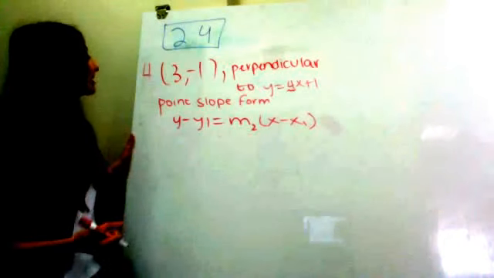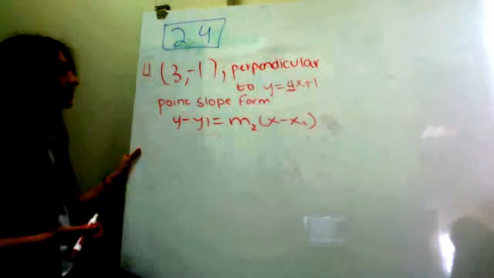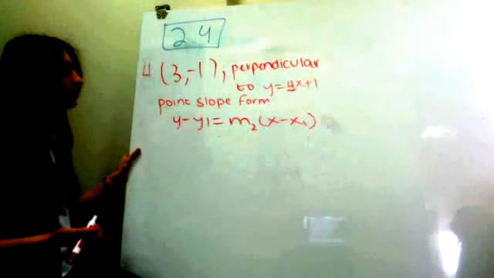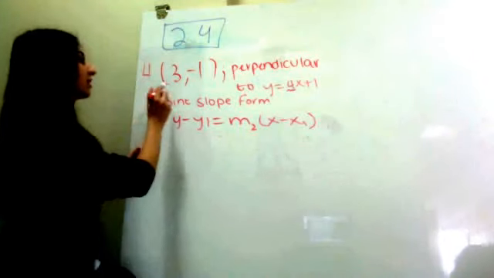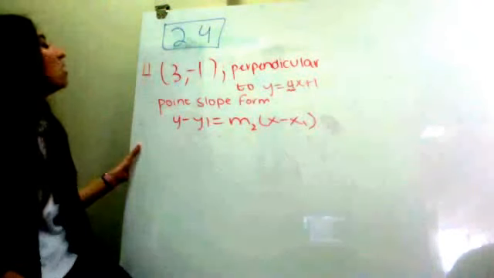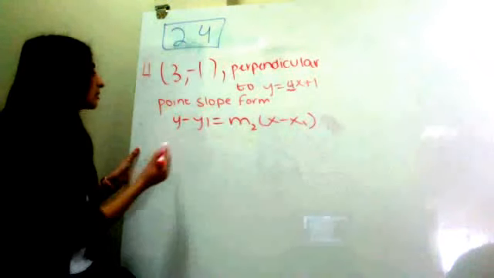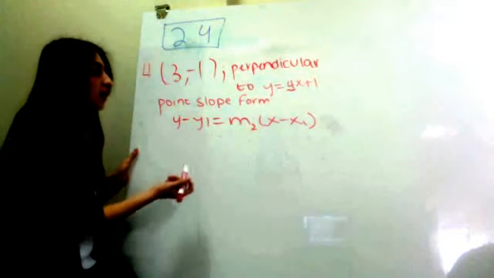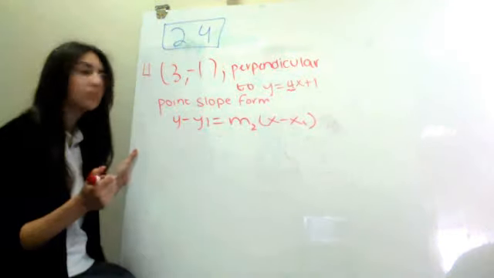Okay, example number 4. We are going to find the perpendicular line to y equals 4x plus 1 with coordinates (3, negative 1). For this problem, we're going to use point-slope form, like in the last one: y minus y1 equals m(x minus x1).